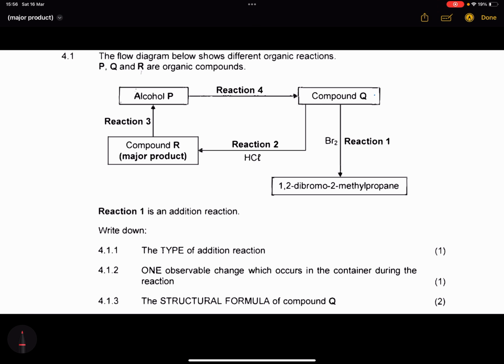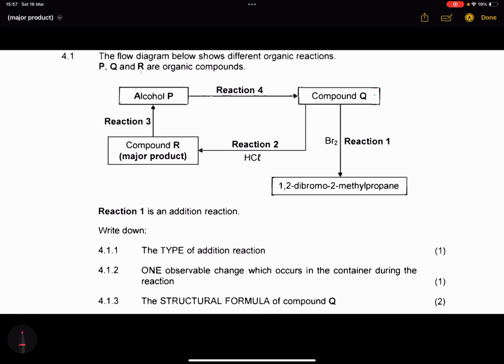So they say reaction 1 is an addition reaction. Now, I want to quickly just go through this, right? So if we look at compound Q, it reacts with bromine, okay? And in this case, we end up with 1,2-dibromo, meaning both the atoms of bromine actually attached themselves to this compound, okay?